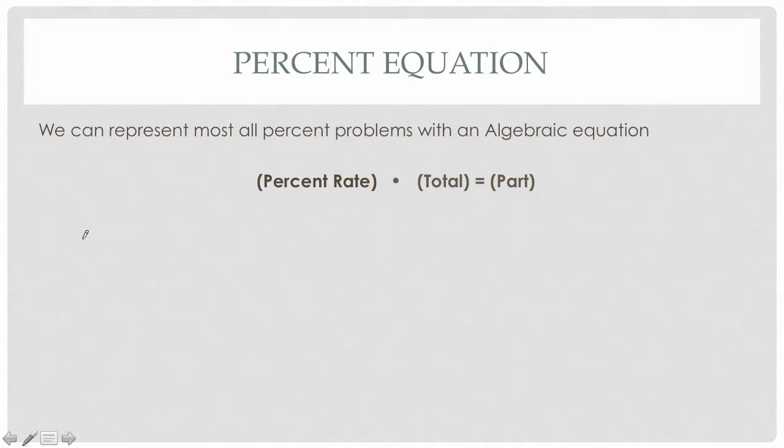So if we want 20% of 280, we would take 0.20, that's 20 out of 100, or 20 divided by 100, times 280. That's going to give us a part. So 20% of 280 is 0.2 times 280, and we get 56.